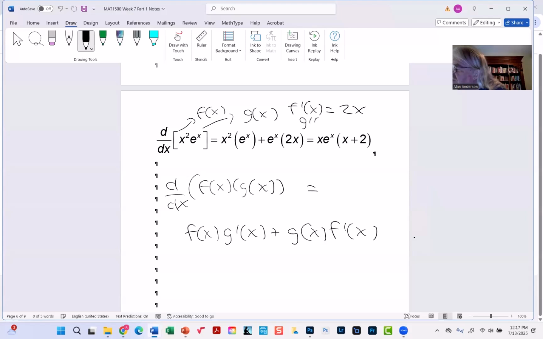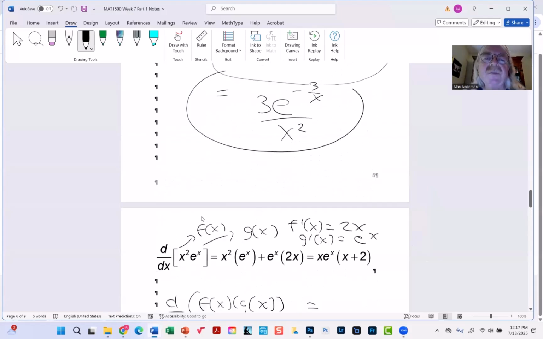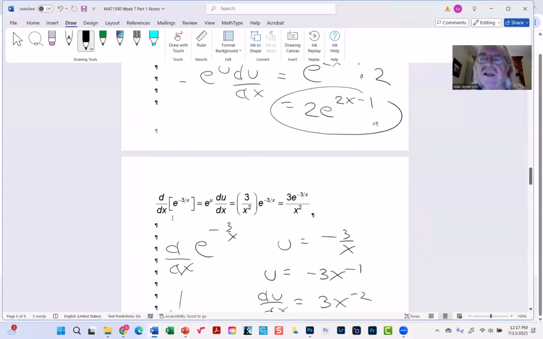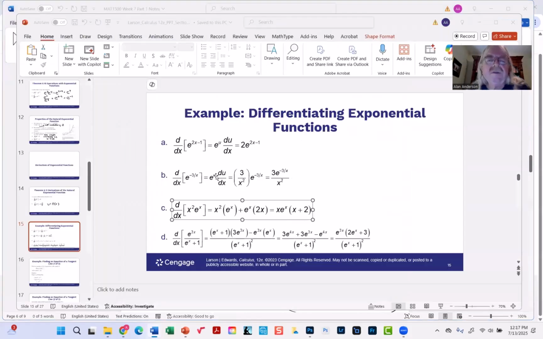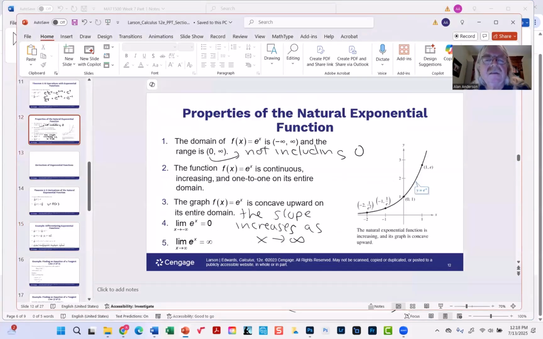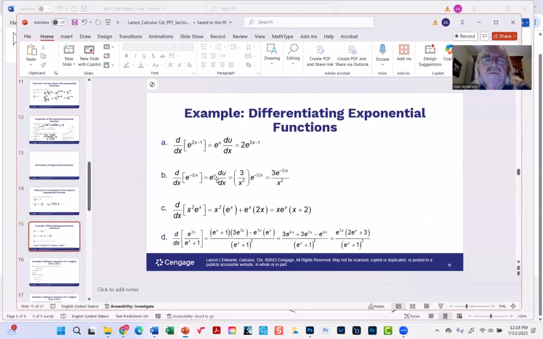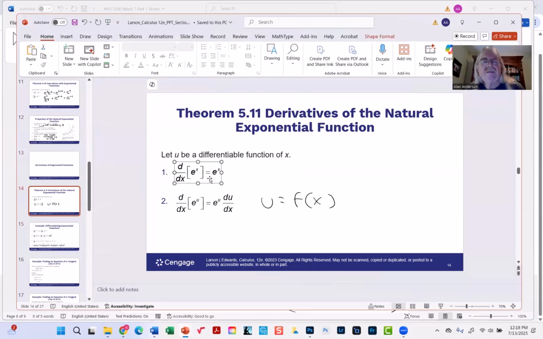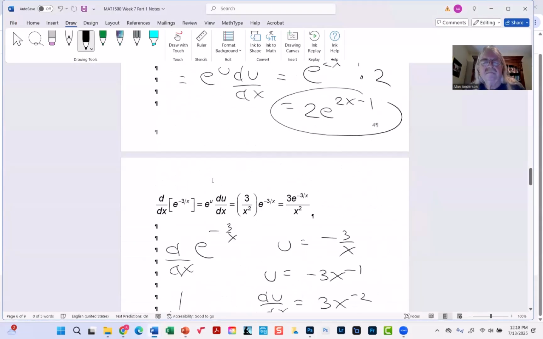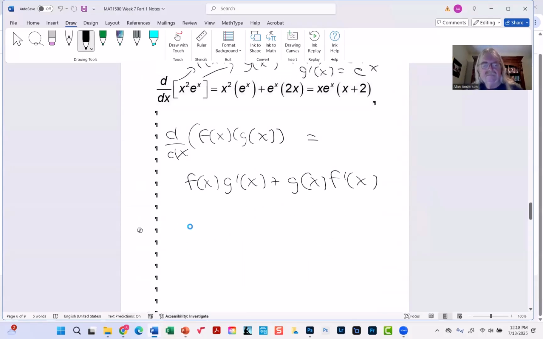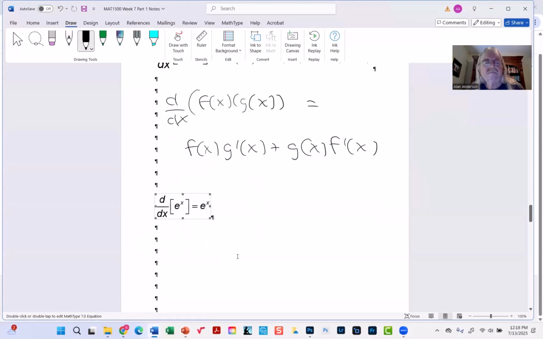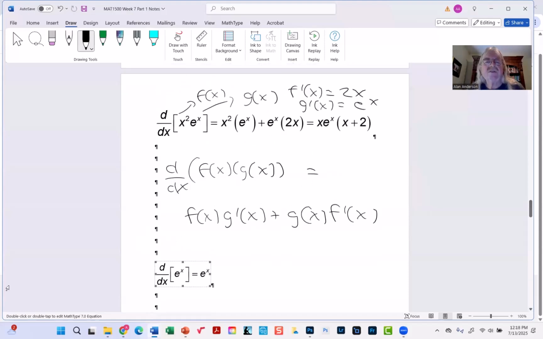G prime of x is e to the x. Remember, that's our simple case. The derivative of just plain e to the x is just e to the x. We had it in the slides right there, this one. Just a quick reminder. Okay, so now we make our substitutions.